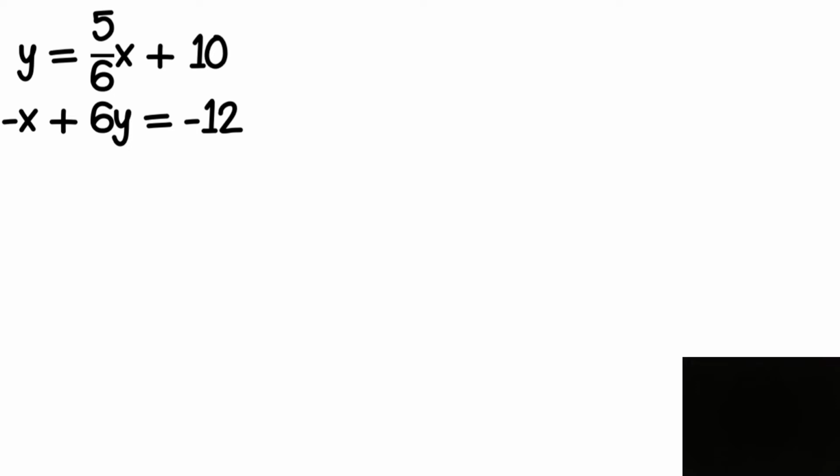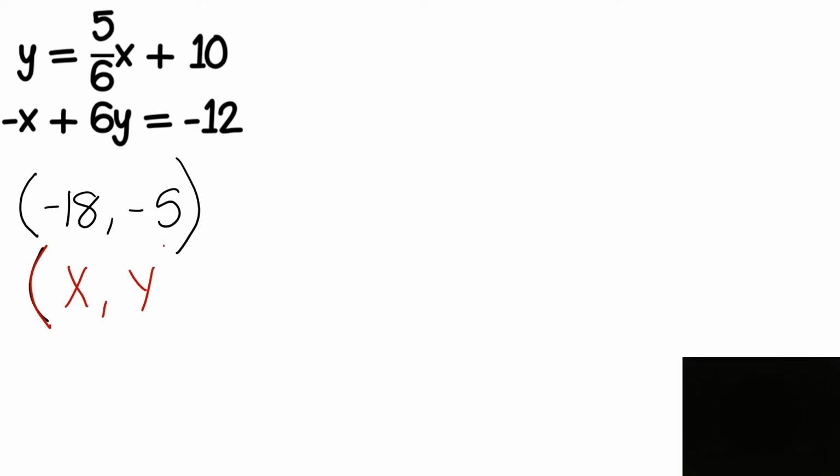For our next problem, we have the equations y equals 5 over 6x plus 10 and negative x plus 6y equals negative 12. Using our first answer choice, I have negative 18 and negative 5. Plugging in our variables x and y, we solve the first equation, y equals 5 over 6x plus 10.